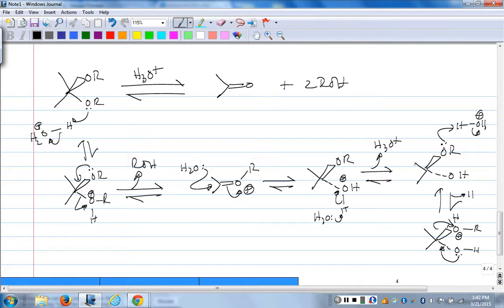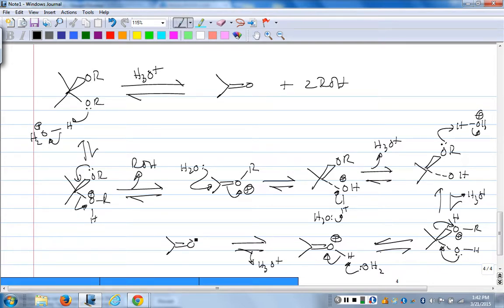I've lost H3O plus here. That's in equilibrium because it's the loss of an alcohol from something positive. That's going to give rise to the conjugated carbonyl compound. A water comes in as the base, sucks off the proton, acid-base reaction. Oops, wrong direction. Acid-base reaction, we lose H3O plus, and we make the corresponding carbonyl compound.